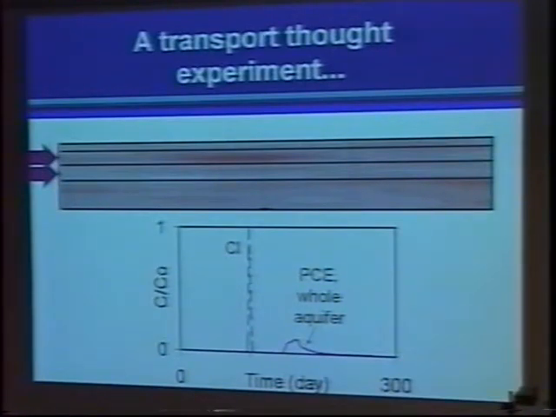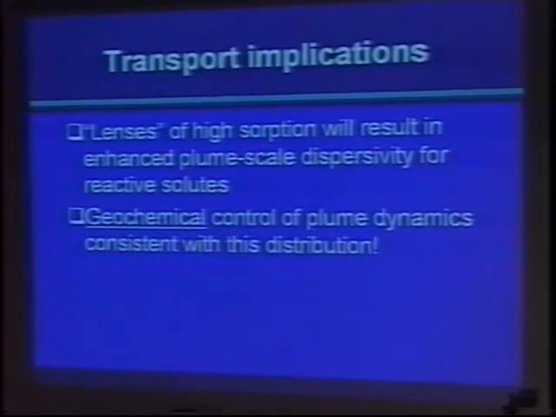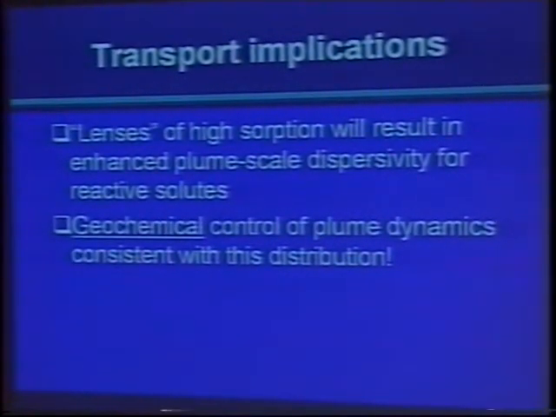That is that we've got a lot of dispersion of the reactive contaminant compared to the non-reactive tracer because of the geochemical heterogeneity, because of the distribution of the PCE absorption coefficient in the system. And that is a geochemical reason for plume dynamics being caused by geochemical heterogeneity, devoid of physical heterogeneity.